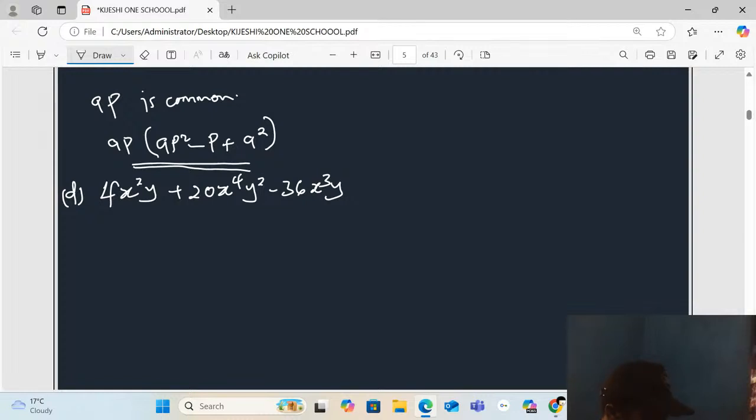So 4x squared y plus 20x power 4 y squared minus 36x cubed y.